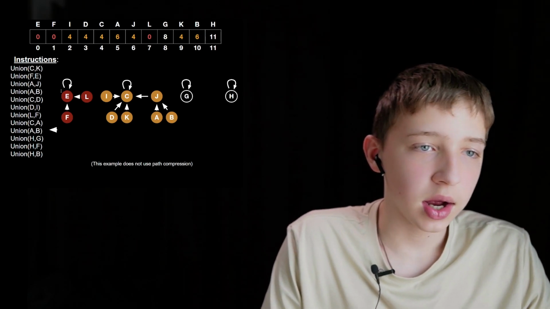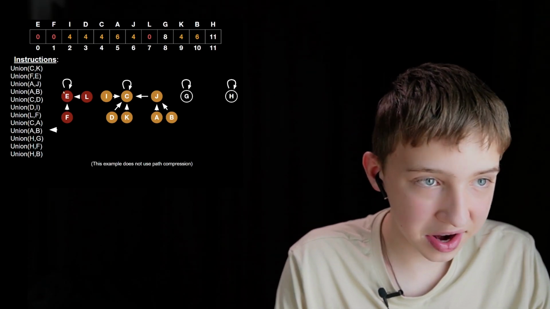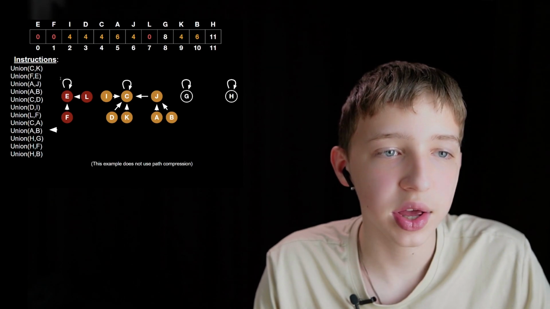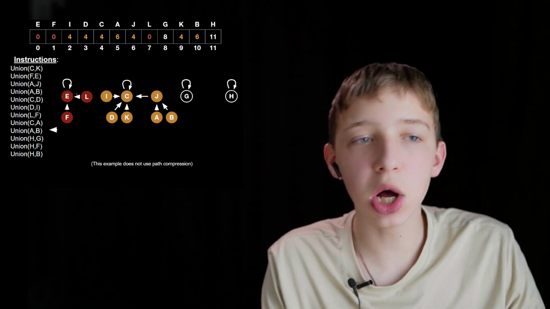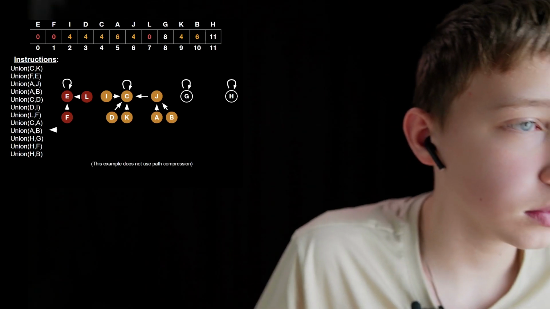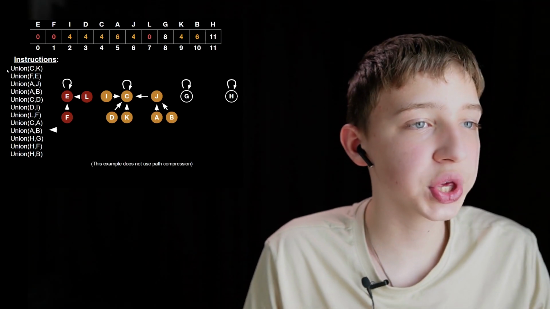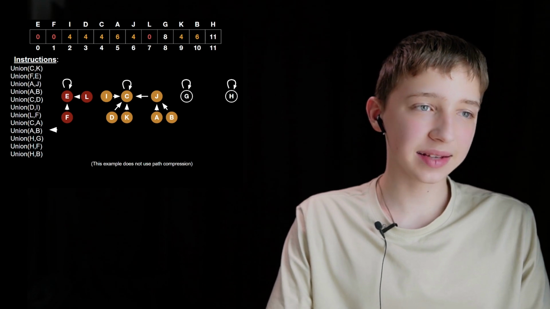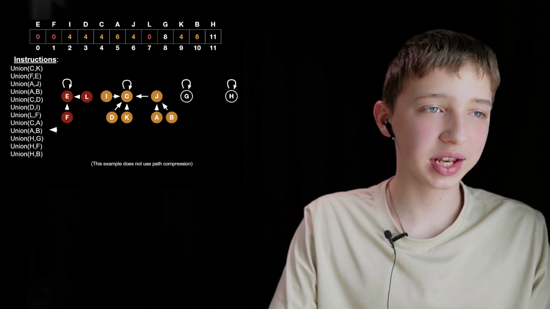The root node here is C, so the parent of C is C. In this way, we know that A belongs to the orange group, because the index of A in the middle array is 6.